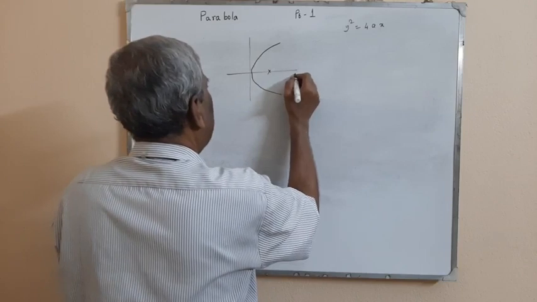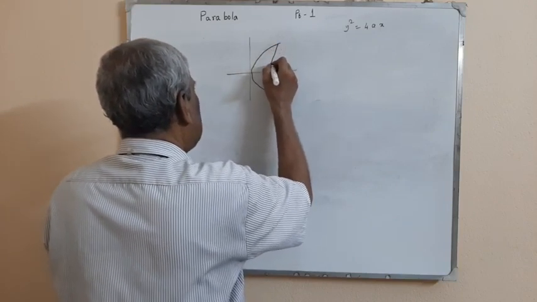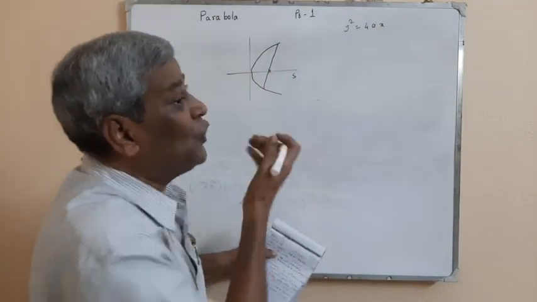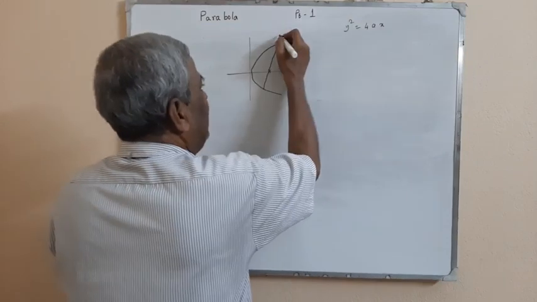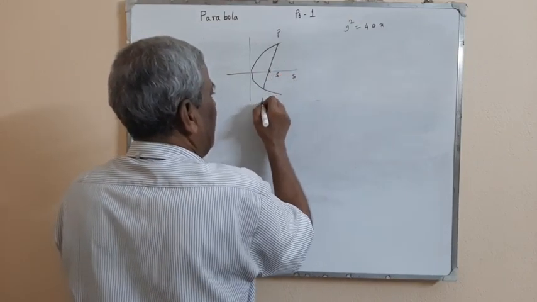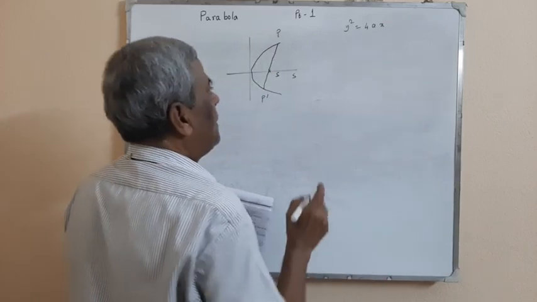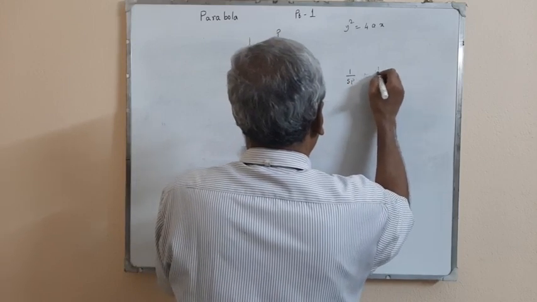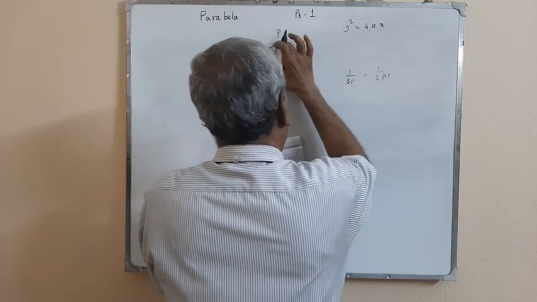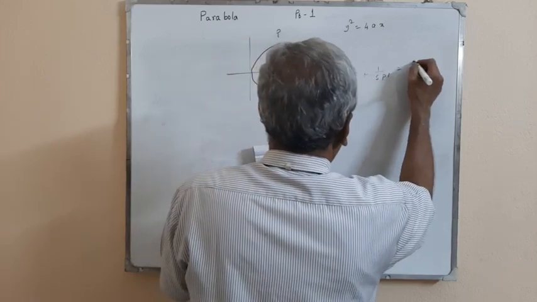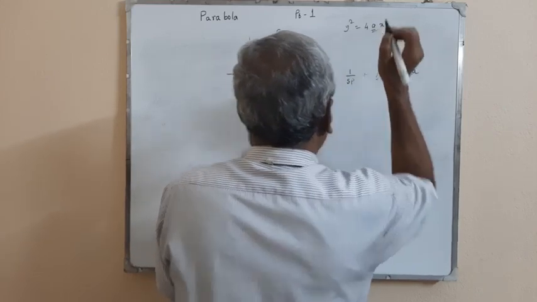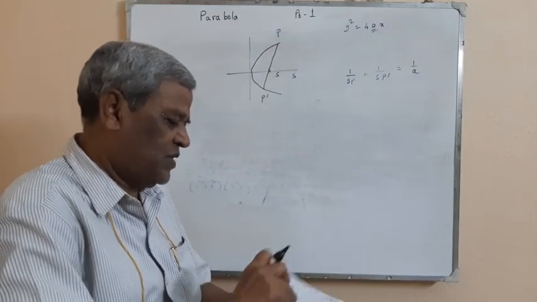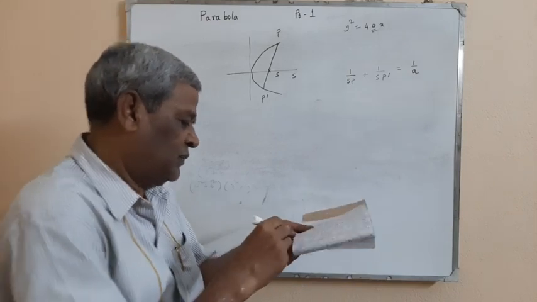S is the focus. A chord passing through the focus is known as a focal chord. Let it be P S P dash. The property is 1 by PS plus 1 by SP dash is always equal to 1 upon a. A is that a. Next, we discuss some problems.